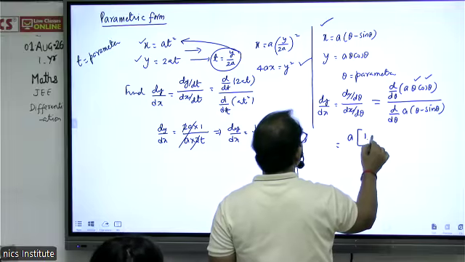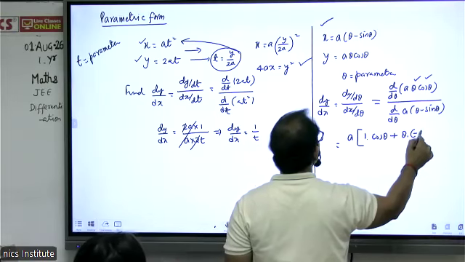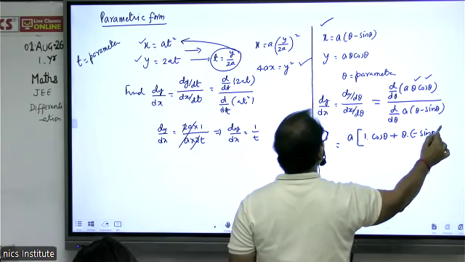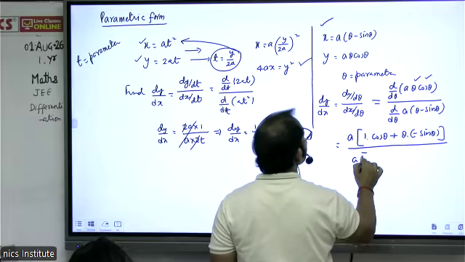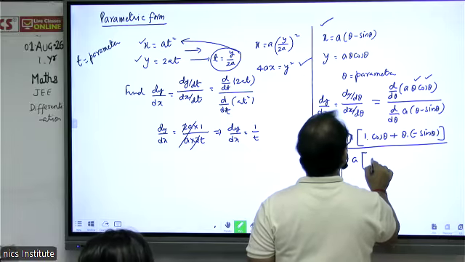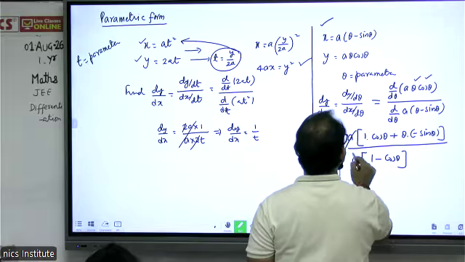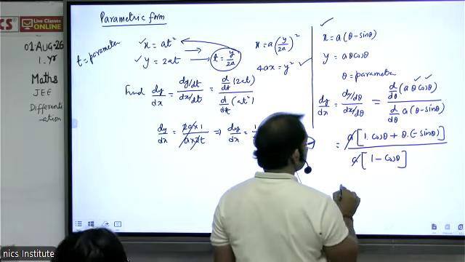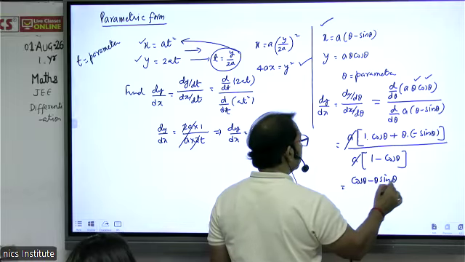Derivative of theta is 1, cos as it is, theta as it is, derivative of cos is minus sin theta. Divide. And this would be 1 minus cos theta. A and A cancels. So that's your answer. Cos theta minus theta sin theta over 1 minus cos theta.